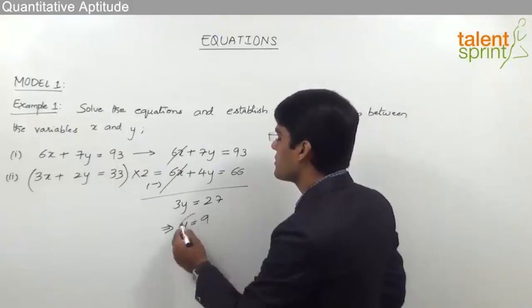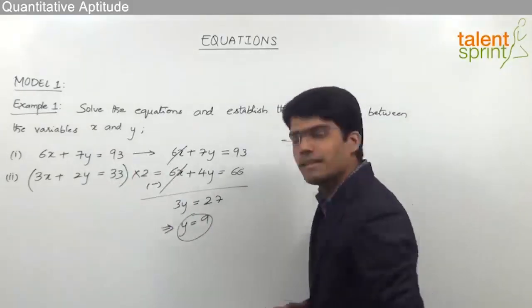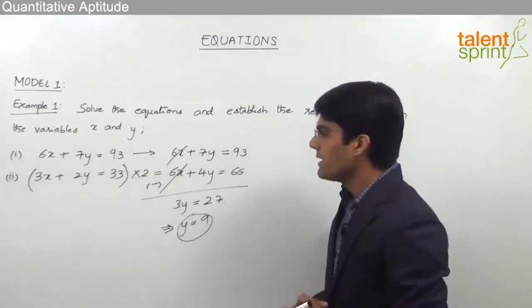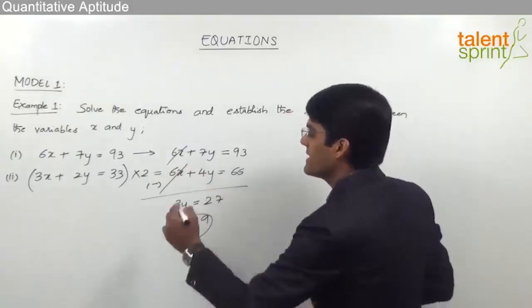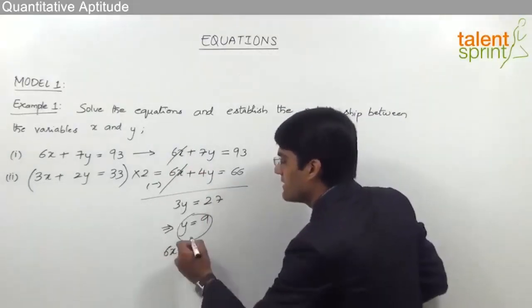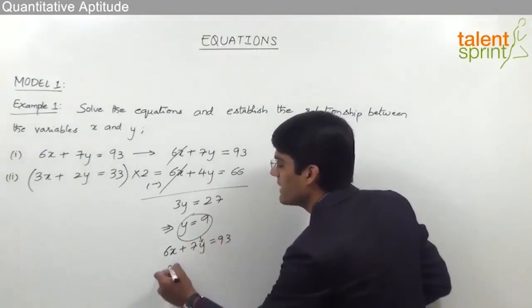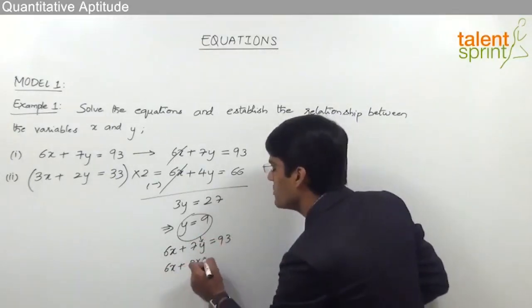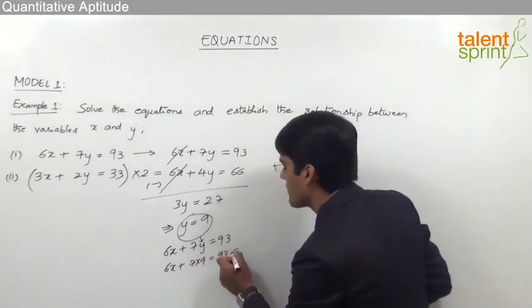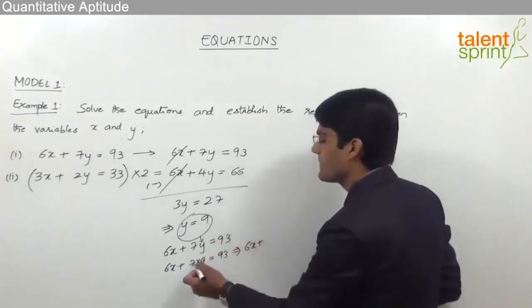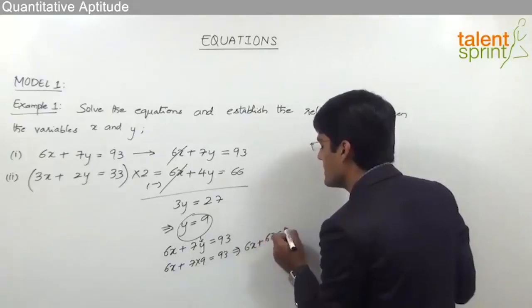So let us try to substitute y equals to 9 in either equation 1 or equation 2. Let us go for equation number 1, that is 6x plus 7y equals to 93. So by taking y equals to 9 here, we get 6x plus 7 into 9 should be equal to 93. So from this 6x plus 7 into 9 is 63 is equal to 93.